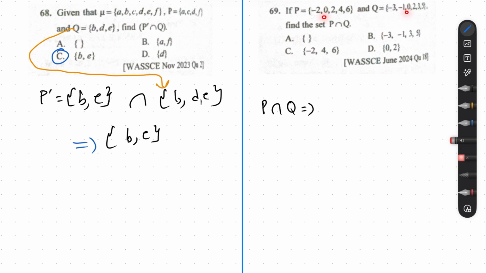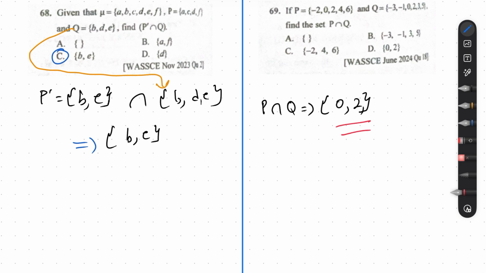We have 0 in both, so 0 enters our set. We have 2 in both, so let's write 2. We have 4 here, but 4 is not in the other, so we can't enter it. We have 6 in both, so that's the end of our set. So our answer is {0, 2}.